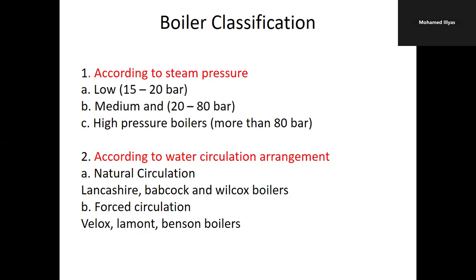In natural circulation, the water will be circulated through the tubes because of the density gradient due to the temperature gradient in the water. In forced circulation, we'll use a pump to circulate water to the boiler tubes. Conventionally we were using natural circulation. Nowadays we are using forced circulation boilers, since it is more effective.